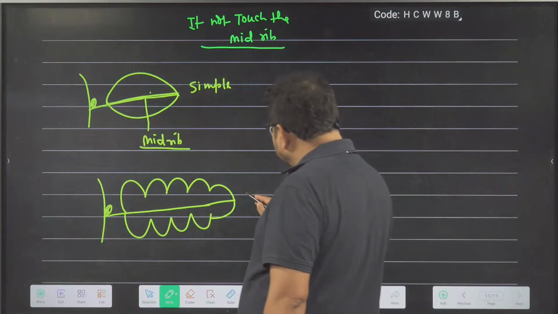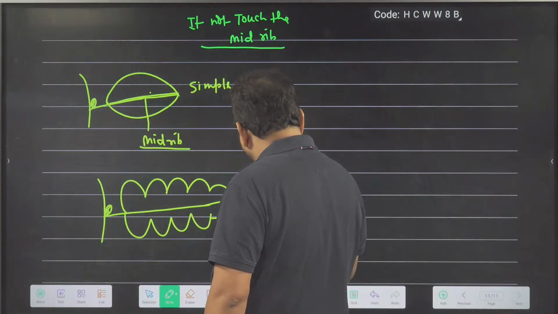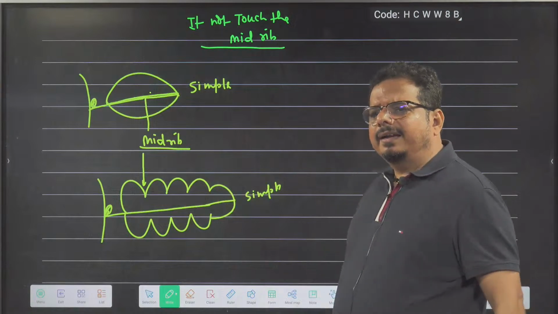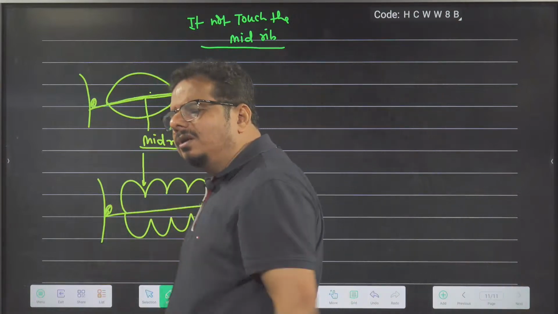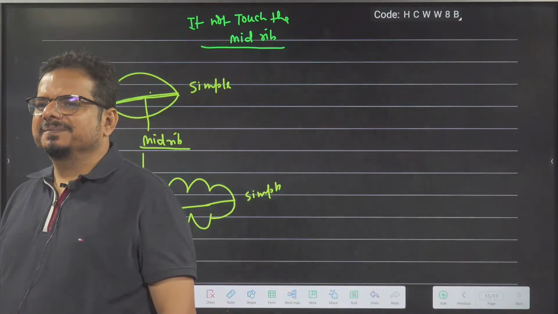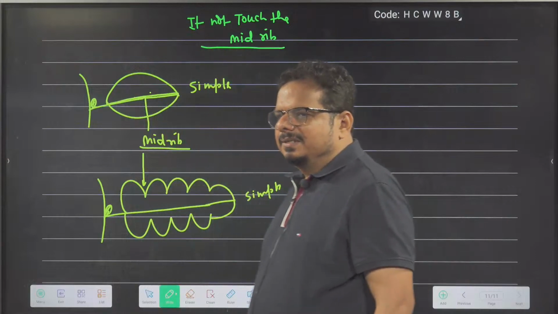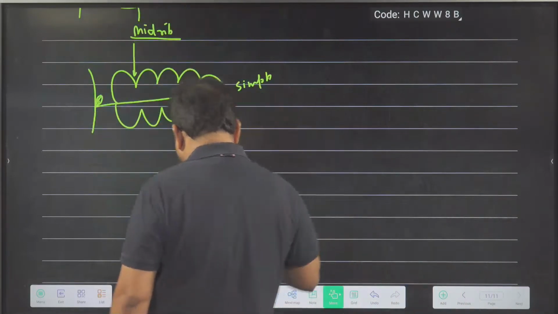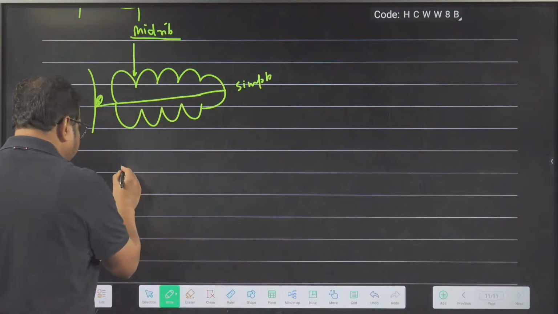Second one is also a simple leaf. Why is it a simple leaf? Here incision is there. Incision cut is there. Cut is there, but that cut is not touching the midrib. So it is a simple leaf. Now I am making a diagram. You identify if it is a simple leaf or compound leaf.